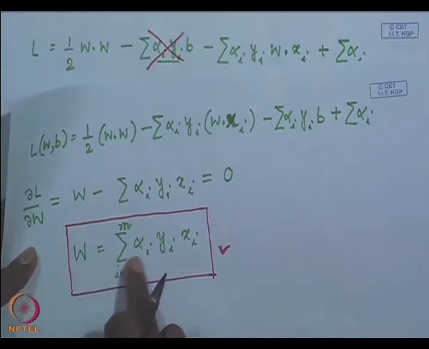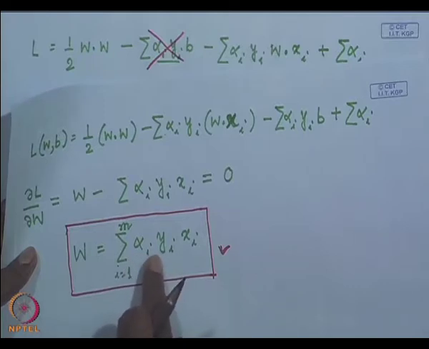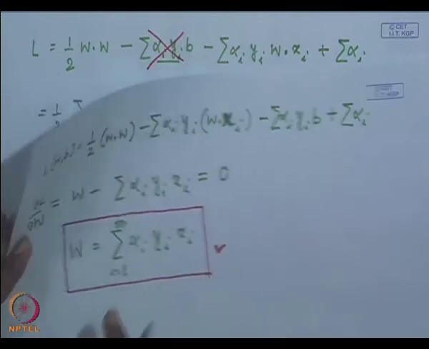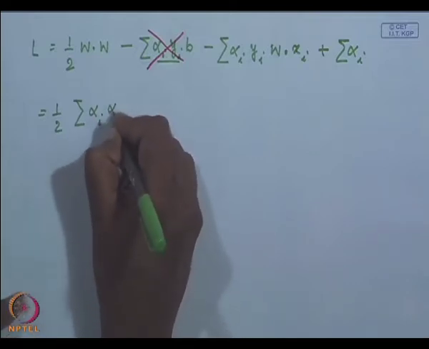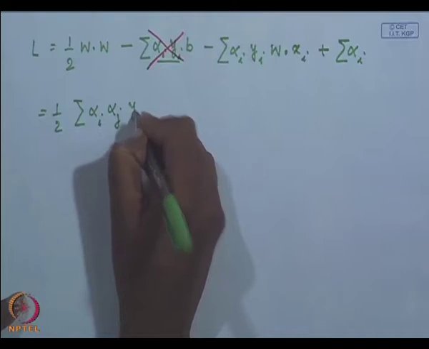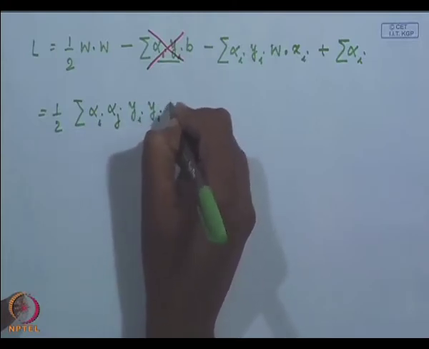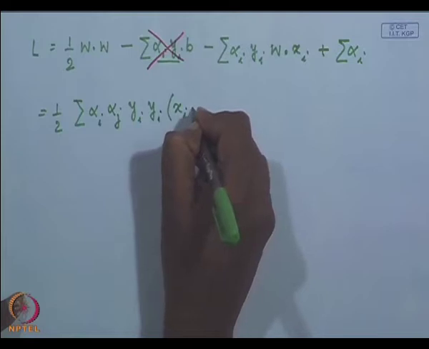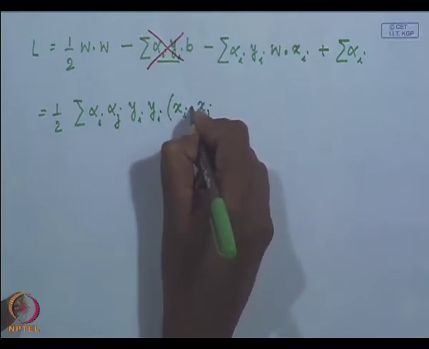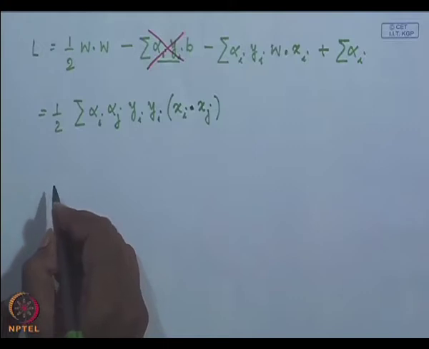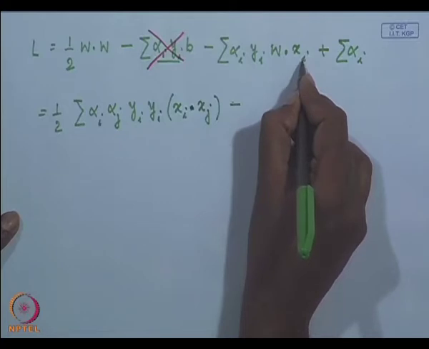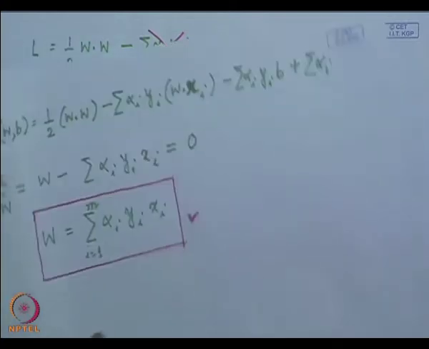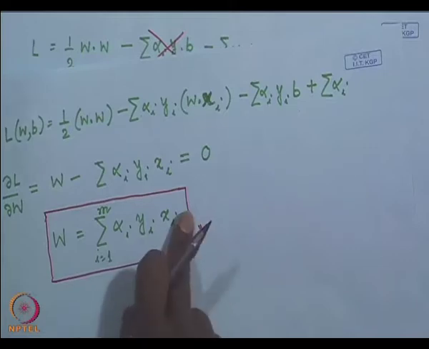So, I have to have two different subscripts over here, one i, the other one I will put as j. So, this will simply be alpha_i alpha_j y_i y_j into x_i dot x_j. So, this is a dot product, minus this will simply be again w dot x_i, and the w is sum of alpha_i y_i x_i.